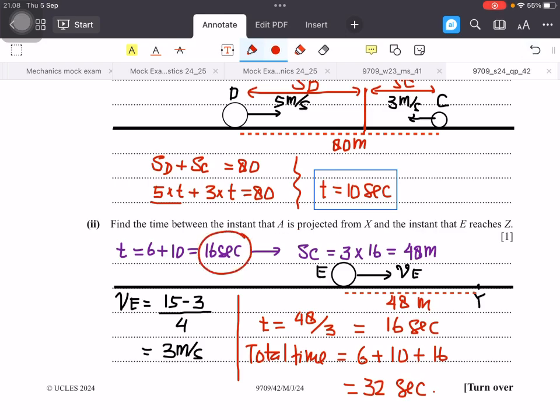So this one is the time until object E is formed.